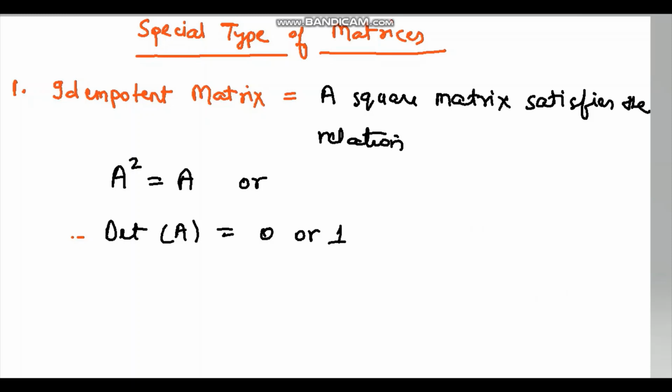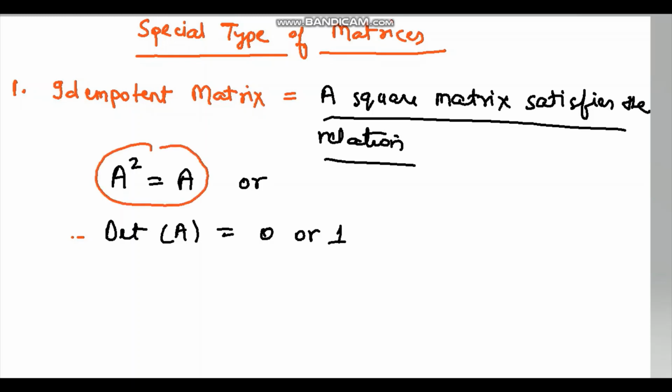What is an idempotent matrix? A square matrix which satisfies the relation A square is equal to A. If A square is equal to A, then it is called an idempotent matrix. Or if the determinant of A is equal to 0 or 1, then we can say it is an idempotent matrix.